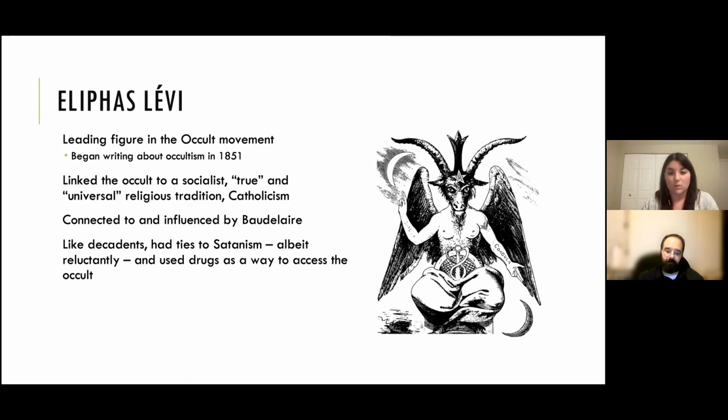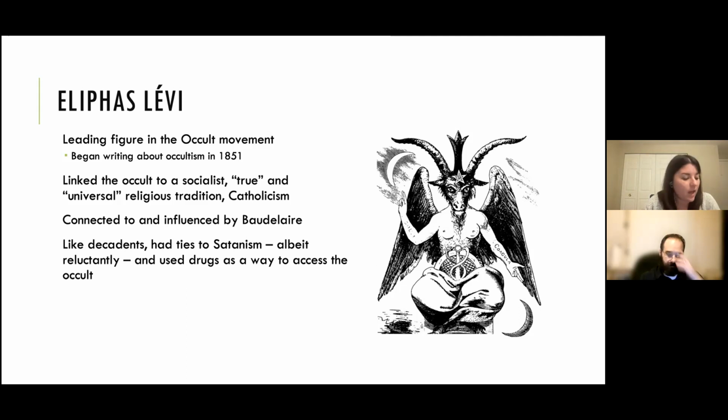So here we see a tie between Levi and Morel with this idea of a more socialist kind of Catholicism, which I'll talk more about, Morel's ties to socialist Catholicism, a little bit. But then we also see ties between Baudelaire and Levi.